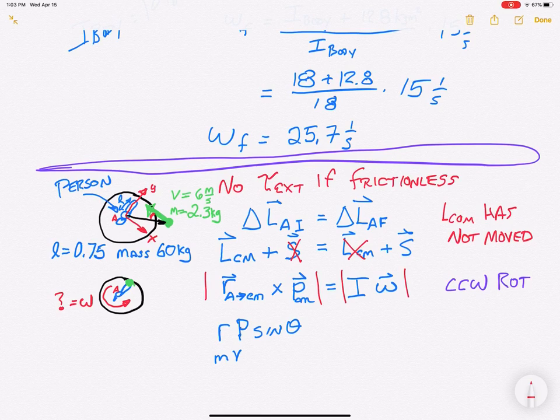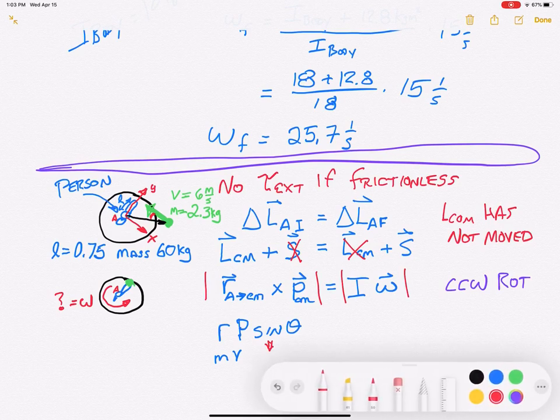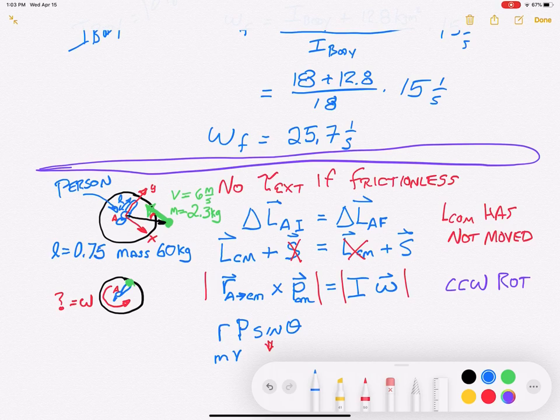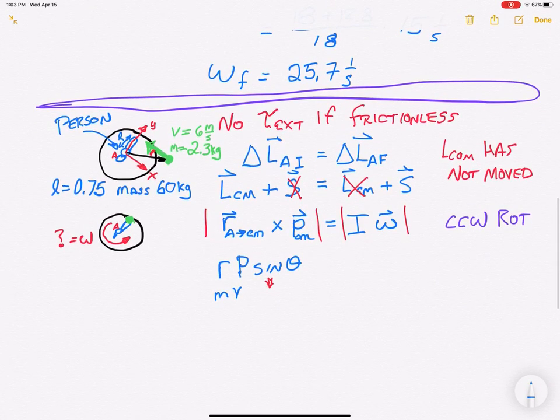Sine theta gives us the side opposite. So sine theta is going to break down to, well, let's pull off to the side so I can see it better.